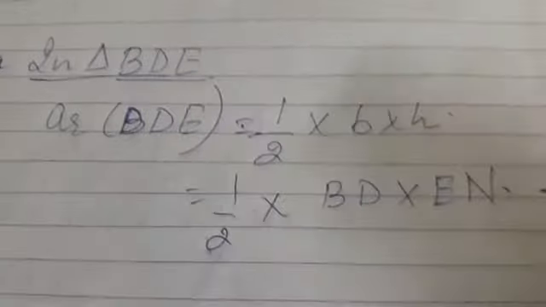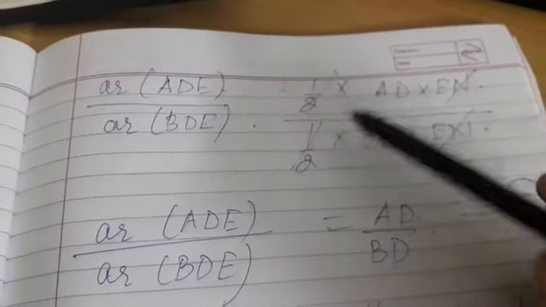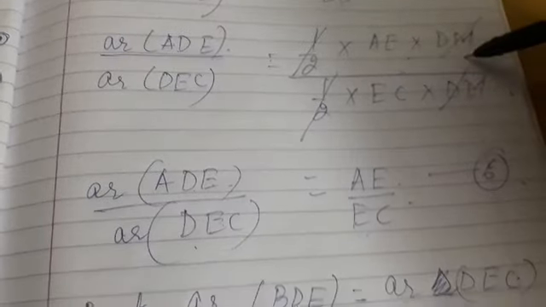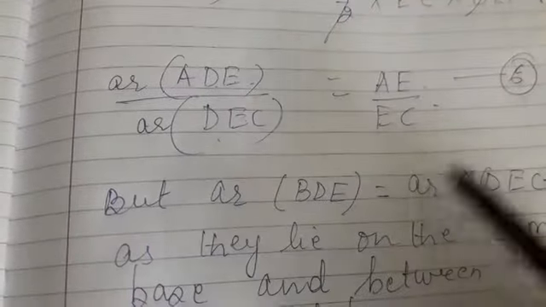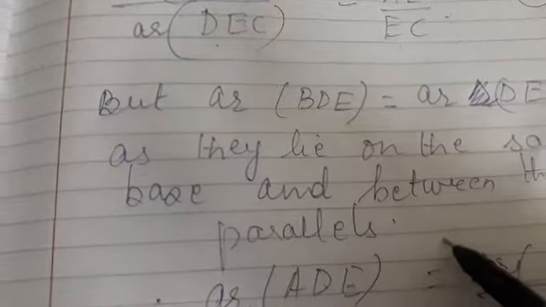We compare ADE with BDE, then ADE we compare with DEC. Then we keep solving, and then we prove that the two triangles are lying between the same parallels and on the same base, so they have equal area. Hence the two ratios, AD upon DB is equal to AE upon EC.